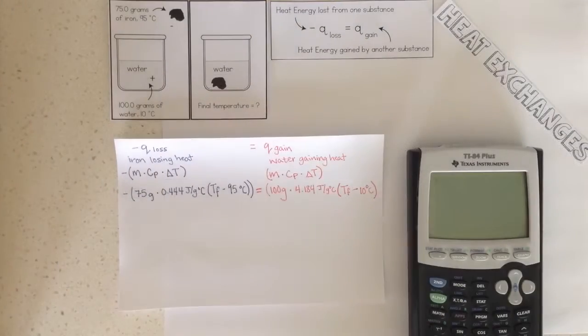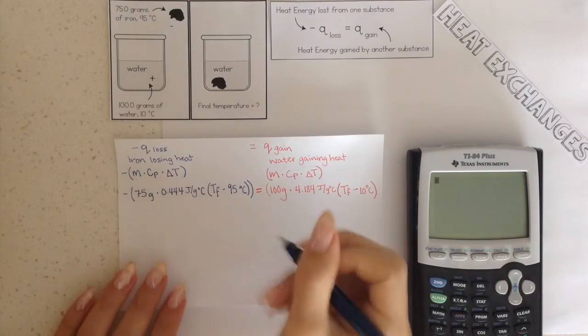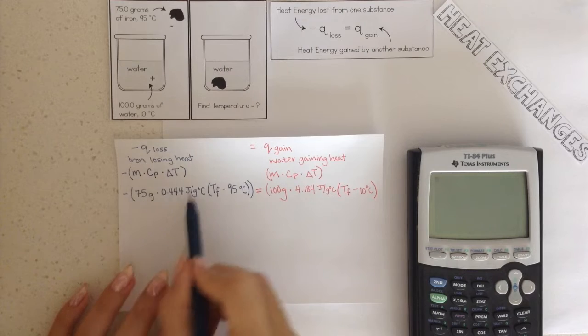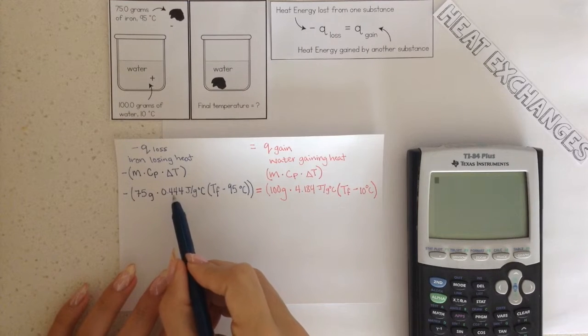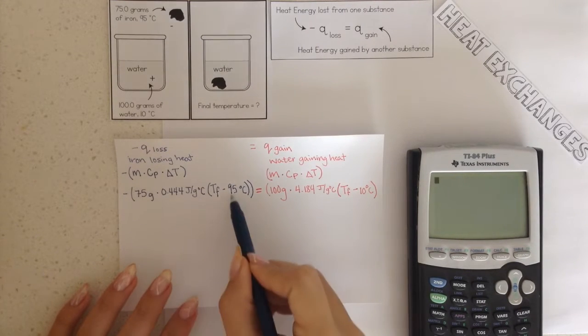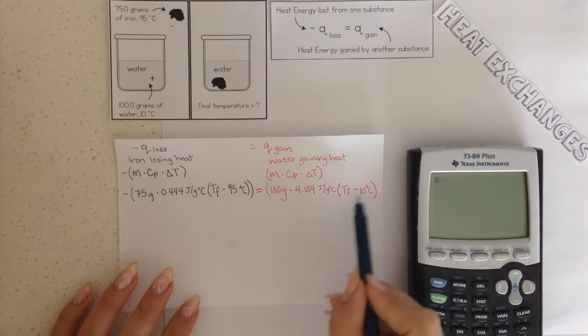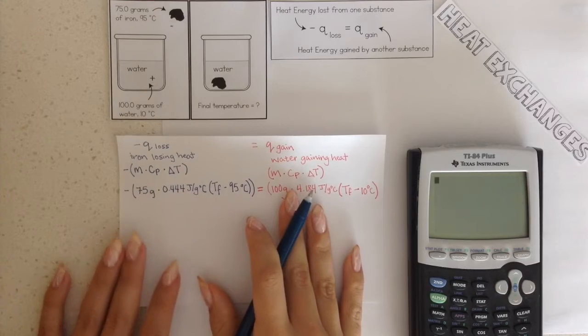Now we have some serious math to do. I'm going to work on simplifying this. 75 times our heat capacity, this is just going to be a number. That number is going to be multiplied by delta T. We're going to have another number over here, again multiplied by delta T. So I'm just going to work on simplifying.